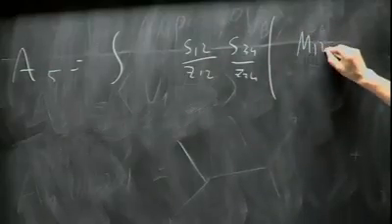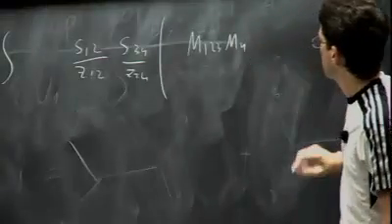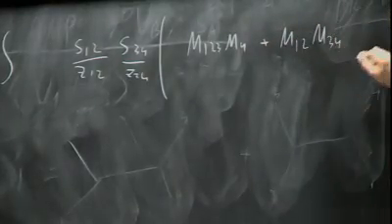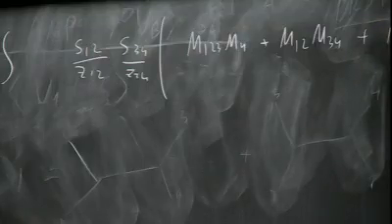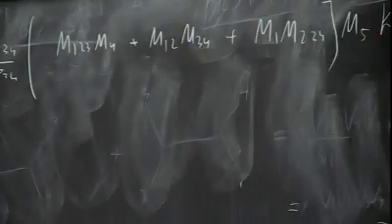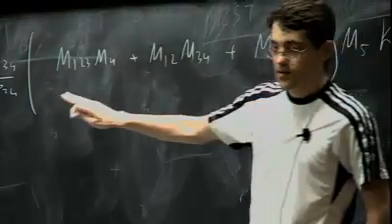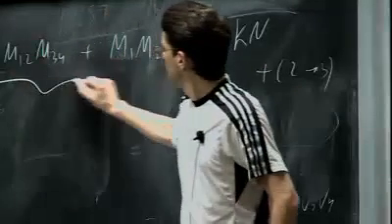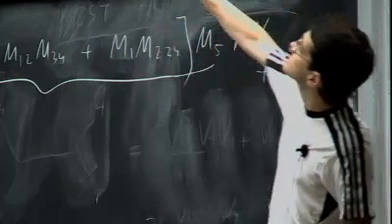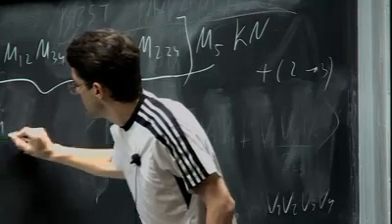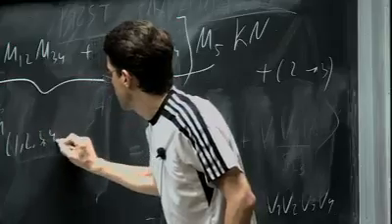We will get M123 M4 plus M12 M34 plus M1 M234 M5, and then Koba-Nielsen, and then permutation 2 3. But now you should remember, I think it's there, right? That is the 5-point Yang-Mills amplitude in this color ordering.